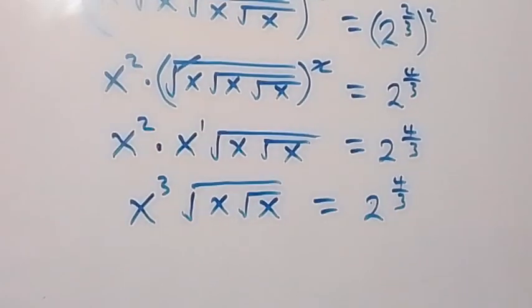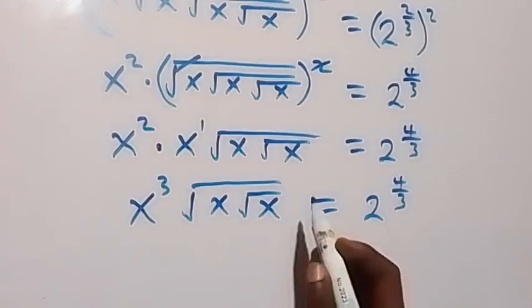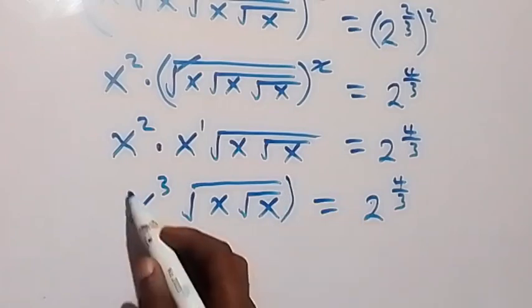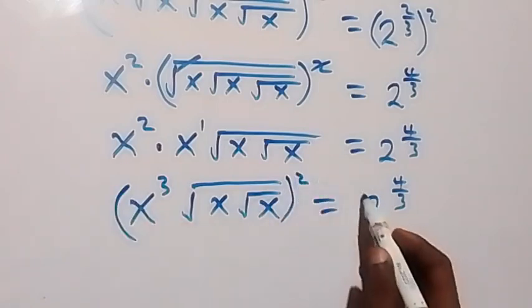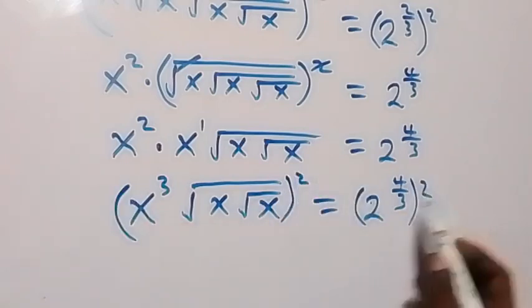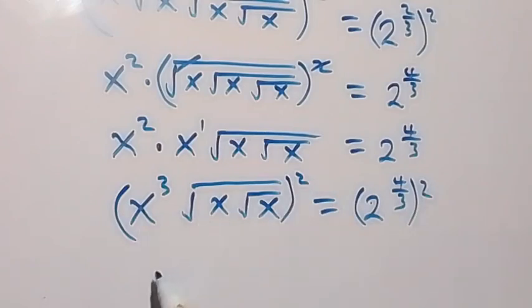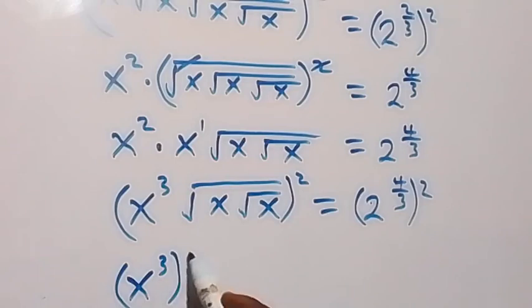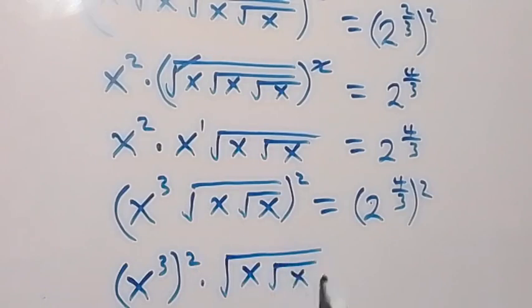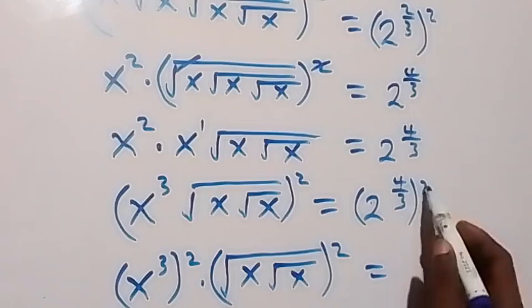That is, again from here, let's square both sides. When we square this side, and we also square this side, this square will affect x raised to power 3 here, becoming x raised to power 3, then raised to power 2. Then also it will affect this square root, that square root of x, then root x, then raised to power 2 as well, then equals to here.